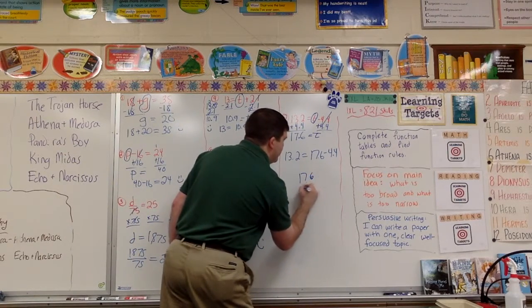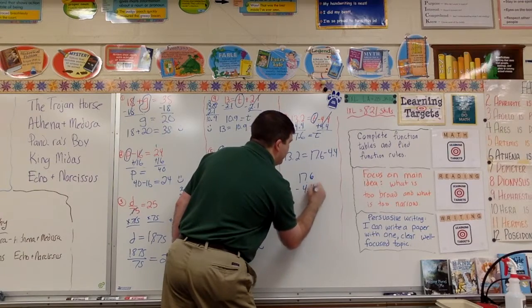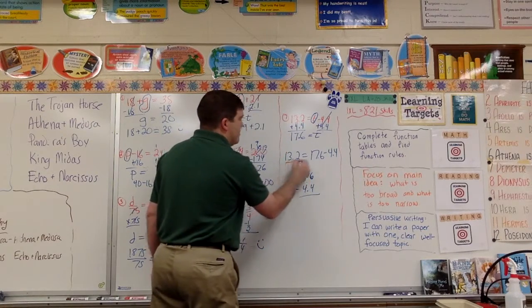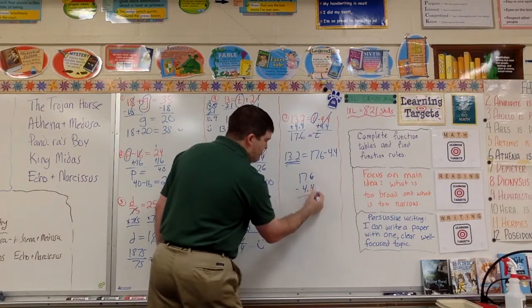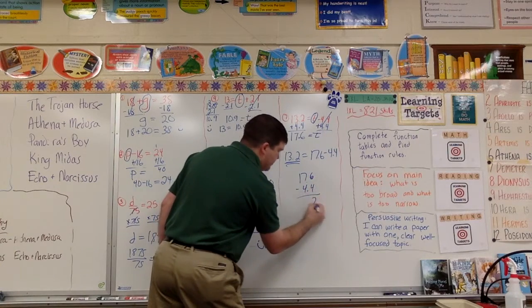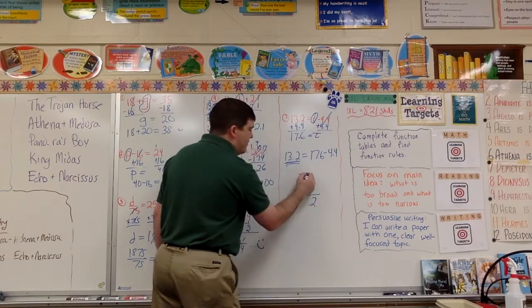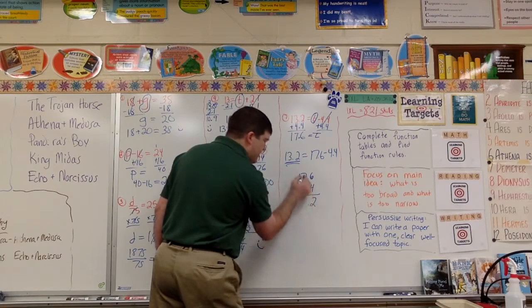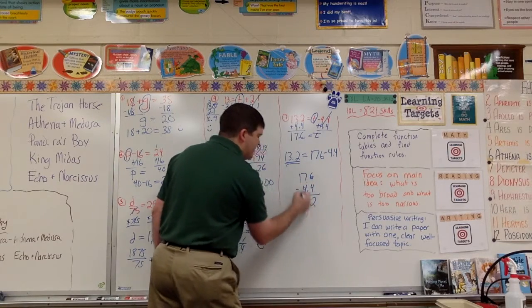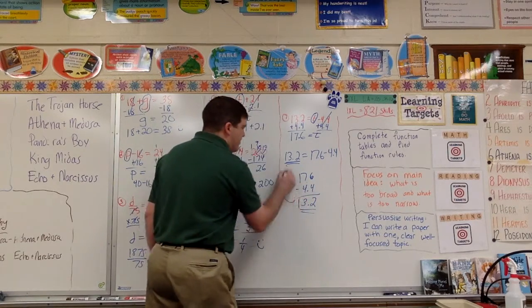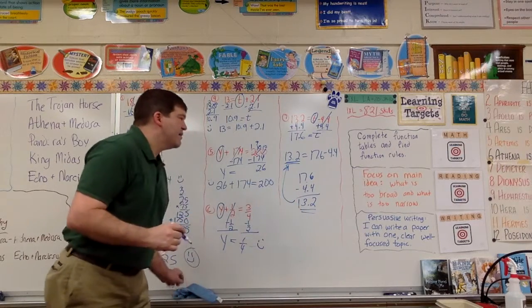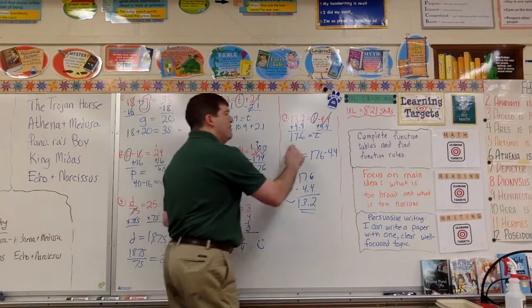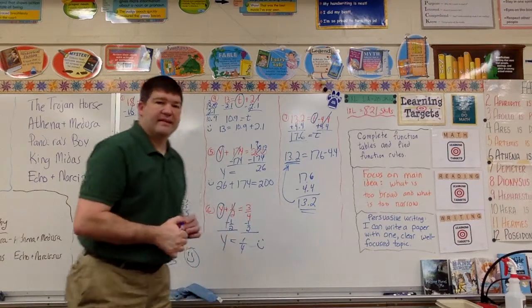Let's see if that gets me this right here. 6 minus 4 is 2. My decimals are all lined up. 7 minus 4 is 3, and I bring down my 1. 13.2 is what I get, and so t does equal 17.6.